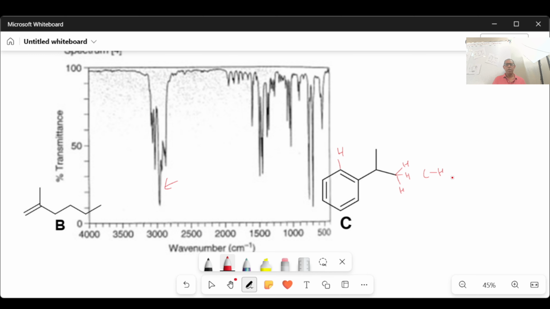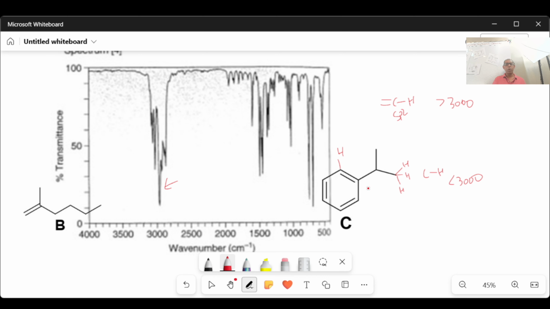You should always see that, less than 3000, which we see here. But you also have just above 3000 for sp2 carbon, CH stretching a little greater than 3000. So in both cases you have CH stretching that is possible above 3000.